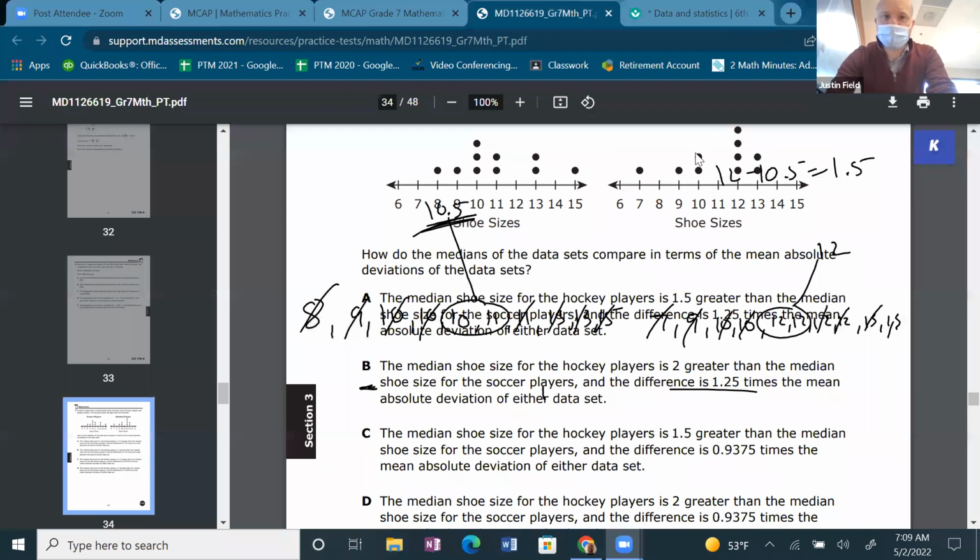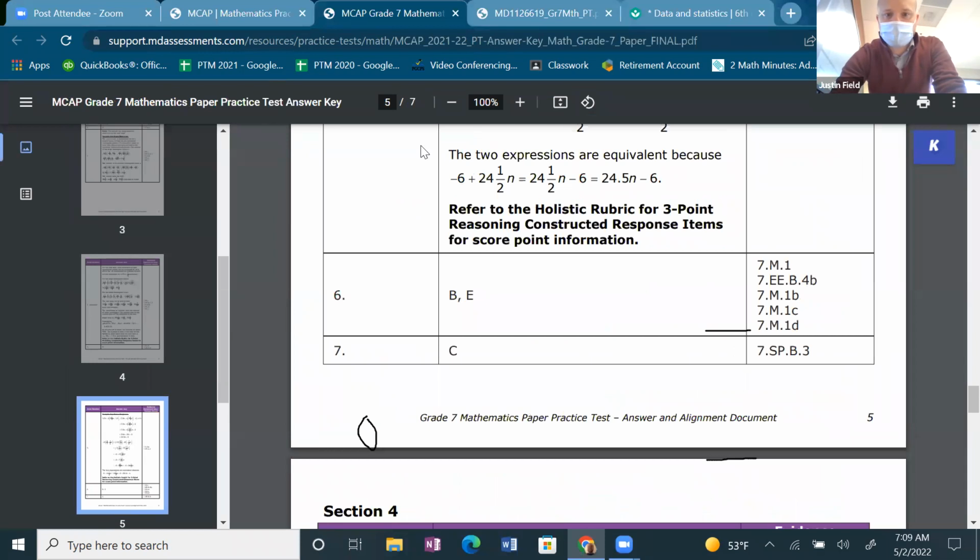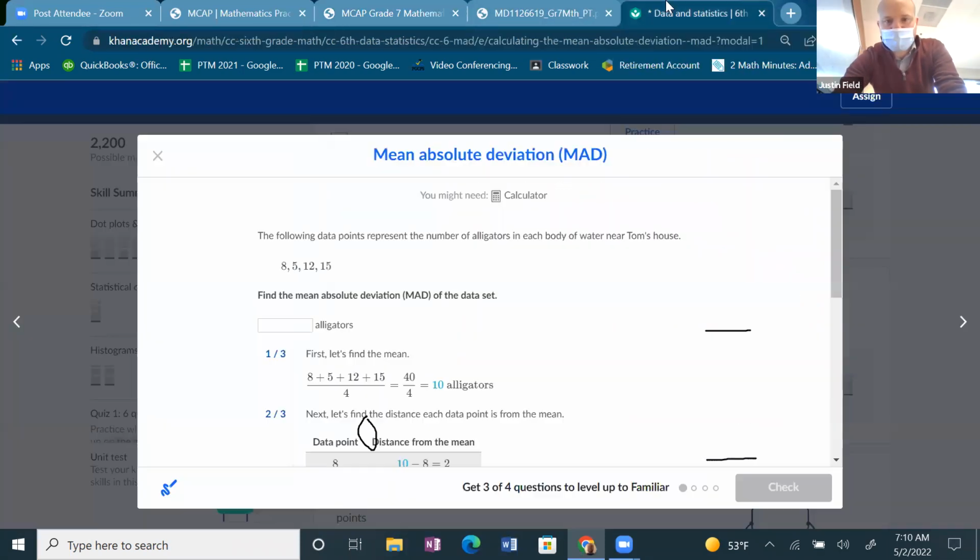All right, at this point in the test, this is the last question, and all these questions have taken a long time. So what I would do is say, I've got to pick A or C. Is the difference 1.25 or is it 0.93? Well, I see the difference is only 1, so I would pick C, and we can see that is the correct answer.